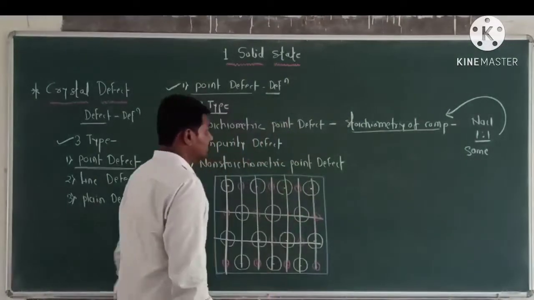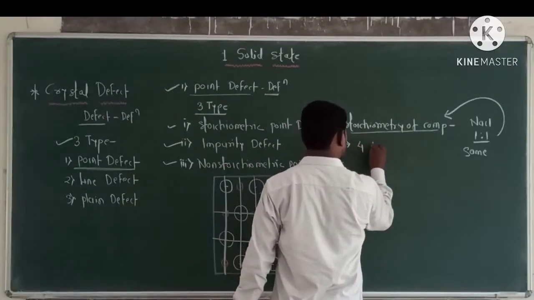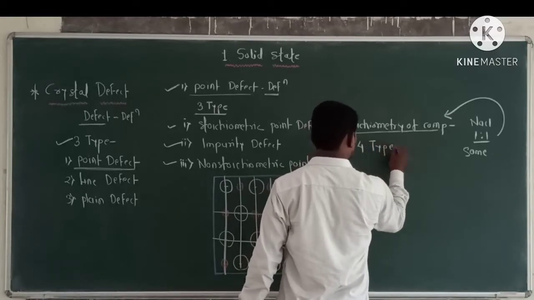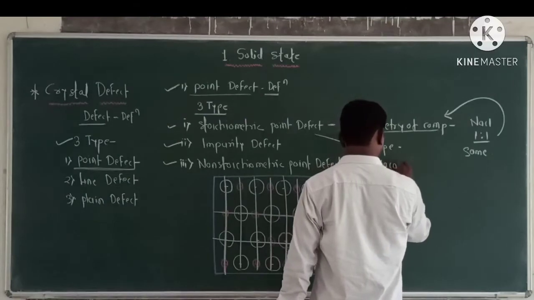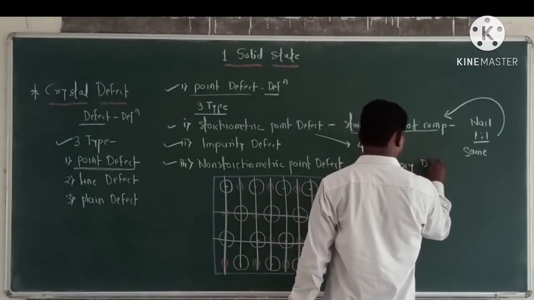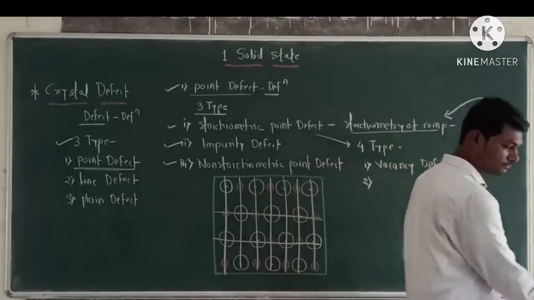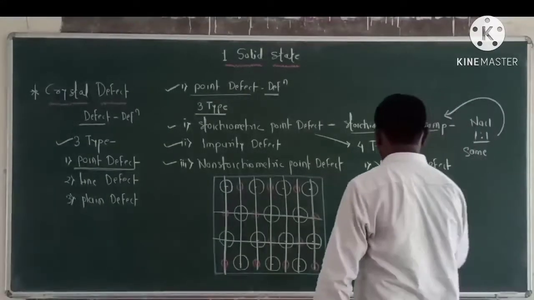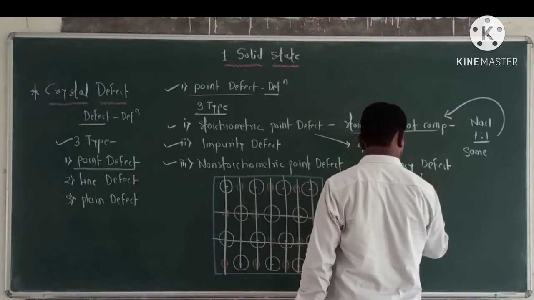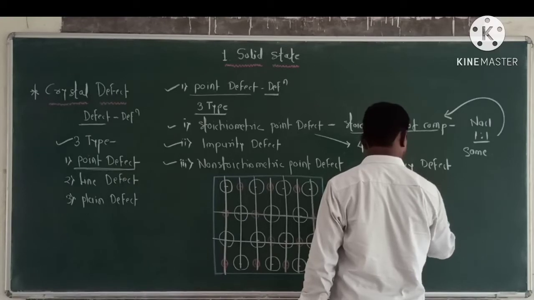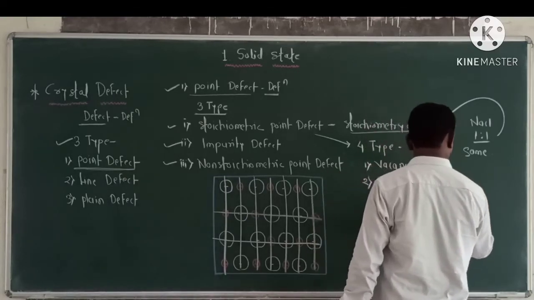Now stoichiometric defects have four major types. First, vacancy defect. Second, self interstitial defect.